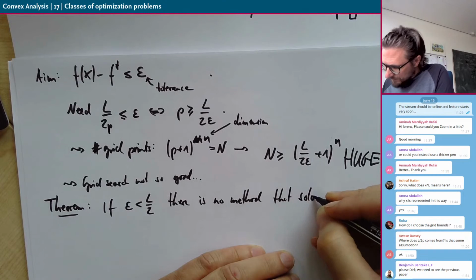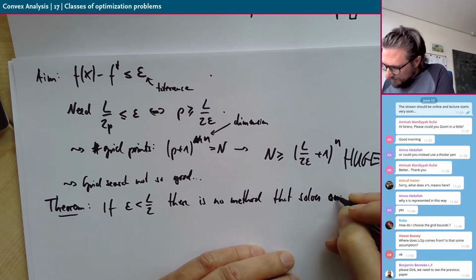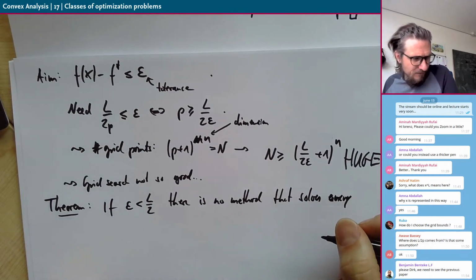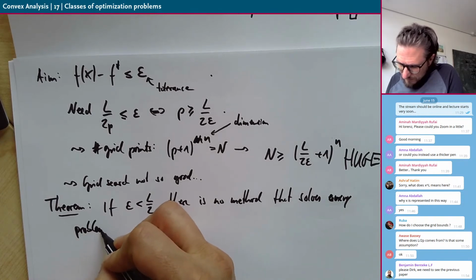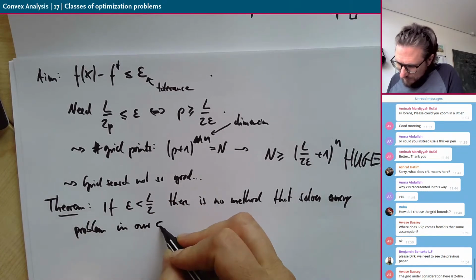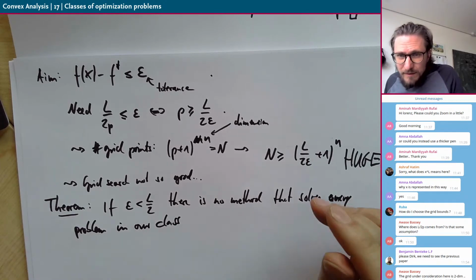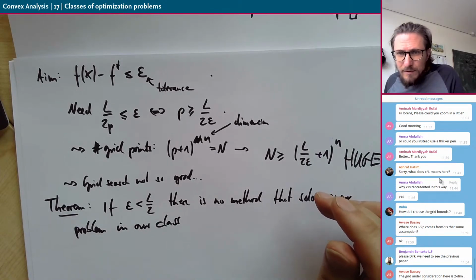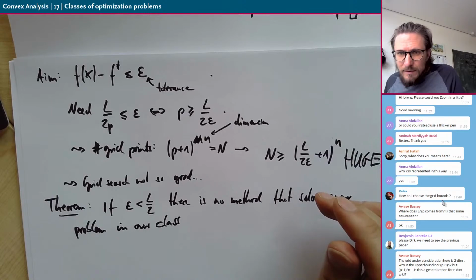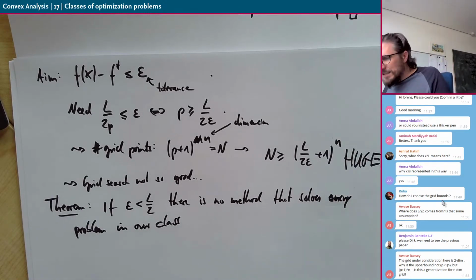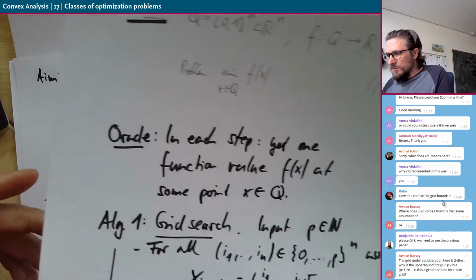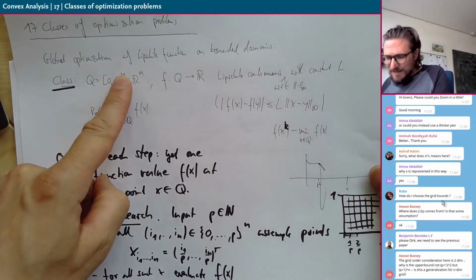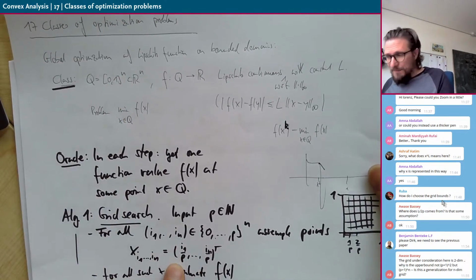that solves every problem in our class. Actually, what we did in the proof was considering the n-dimensional case anyway, right? So here from the beginning we always worked with n dimensions, and everything happens in n dimensions.